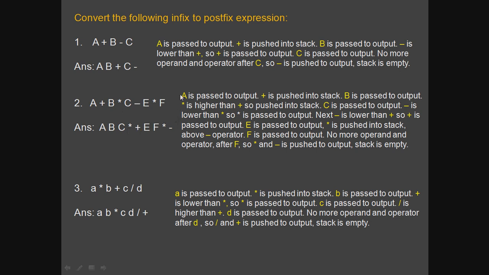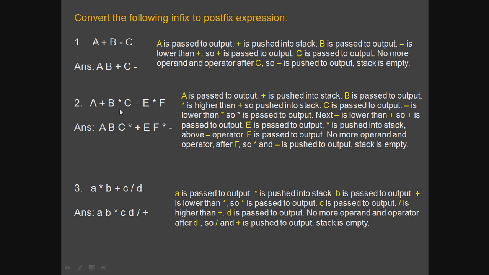First, in the stack a is read and passed to the output since it is an operand. Then next plus, since it is an operator, is pushed into the stack. So the stack is filled with the first element, plus. After that b is read, and since it is an operand, it is passed to the output, so we have ab.